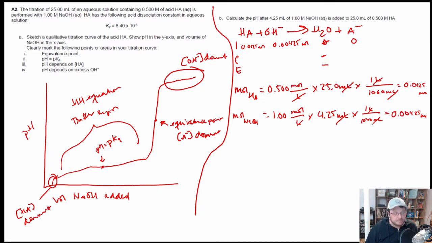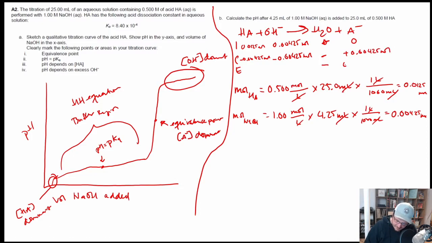The change: the limiting reagent in this case is going to be the OH minus, and so we're going to consume all of that. So that's going to be minus 0.00425 moles. We're going to consume that much of the HA as well, so that's also going to lose 0.00425 moles. And we're going to gain 0.00425 moles of A minus.